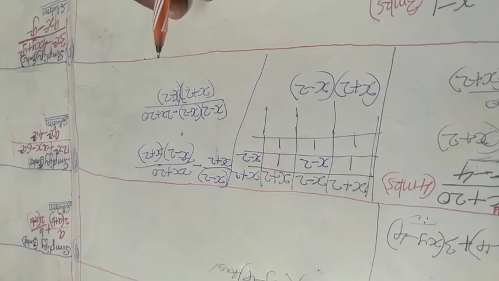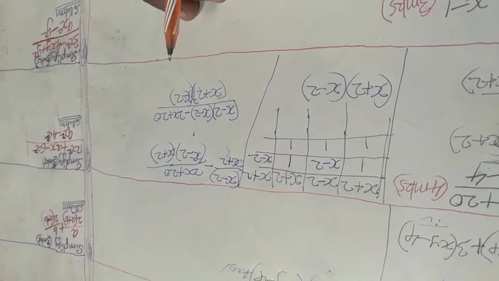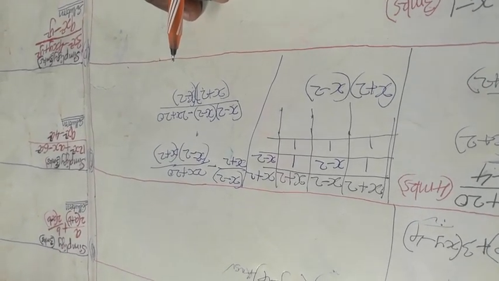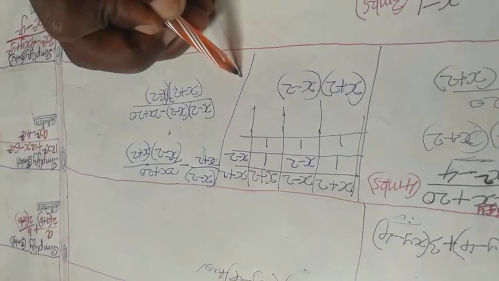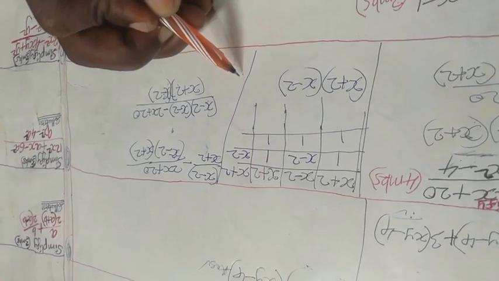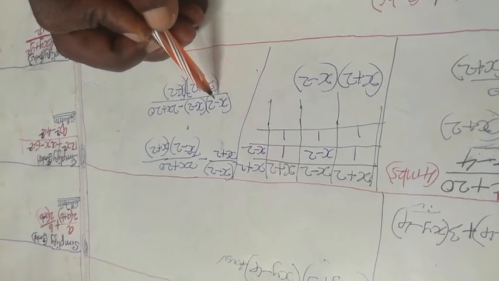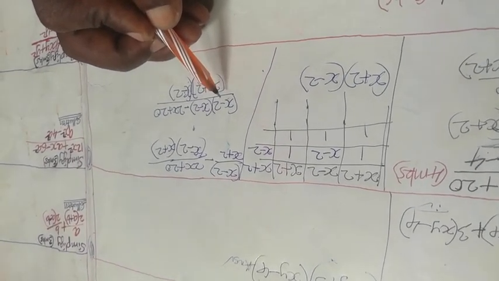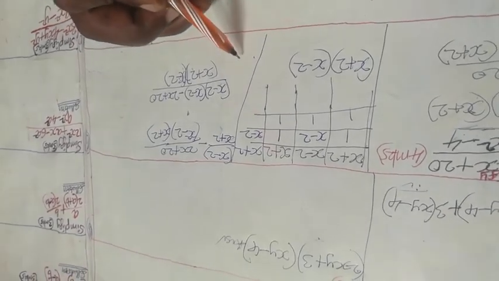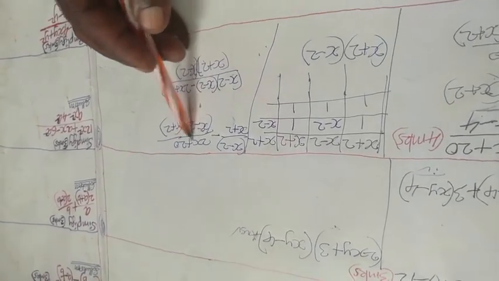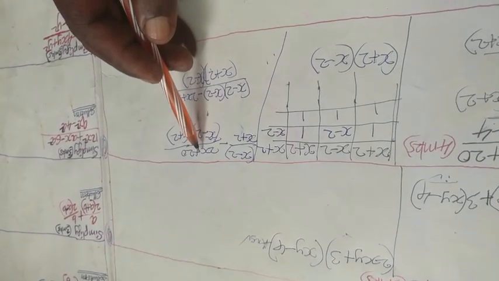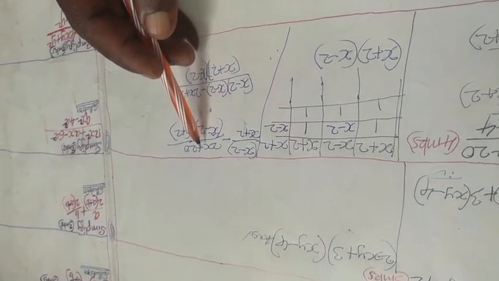By dividing this, you get 1. By dividing that, you get 1. Then we are going to say that if you divide this part with this, we get 1. That's why you have this part of the question.